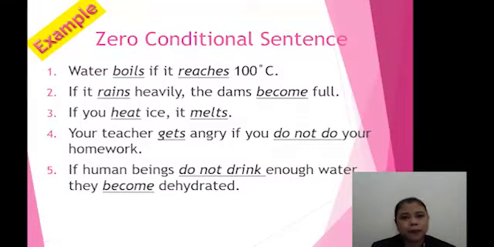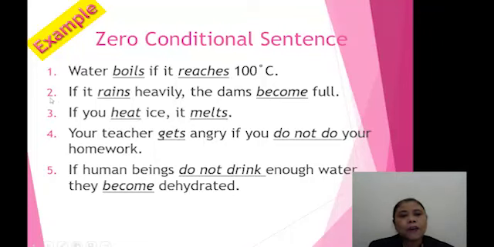Let's see the example. Water boils if it reaches 100 degrees. Because water is singular subject, so the verb must be added with s. It here is singular subject, so reach here must be plus s. Do you understand? Okay, now let's go to the second example. If it rains heavily, the dams become full.